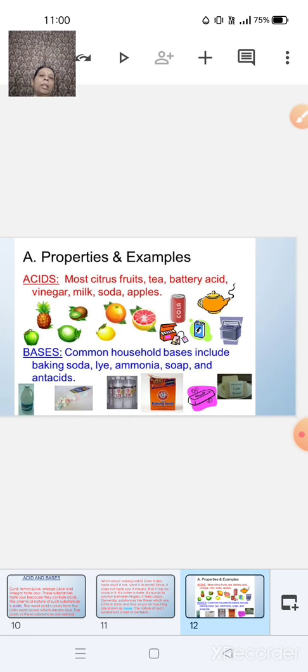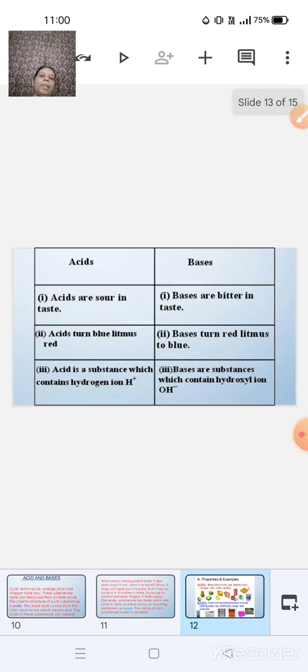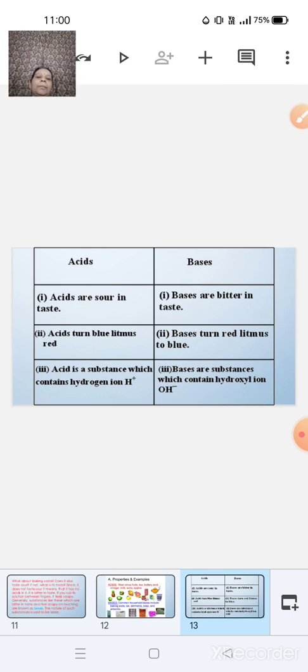We will talk about all these in detail, and we will see how acids differ from bases.